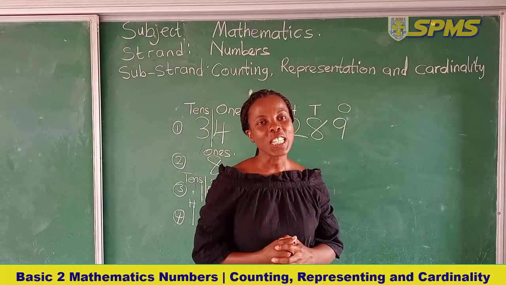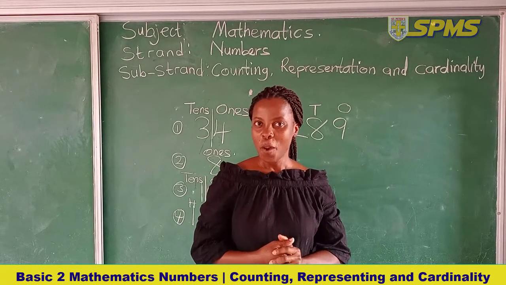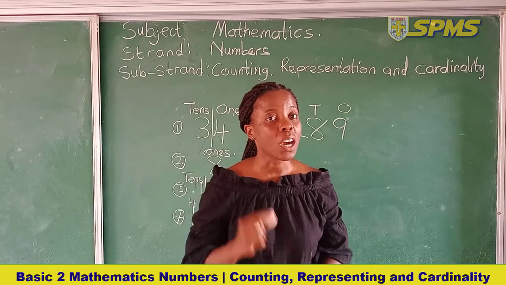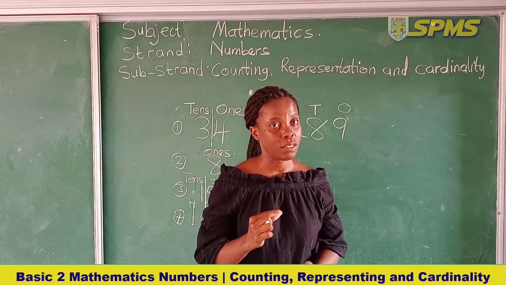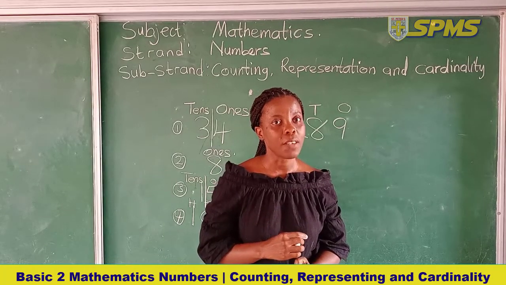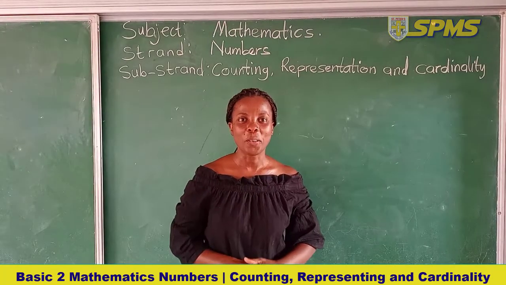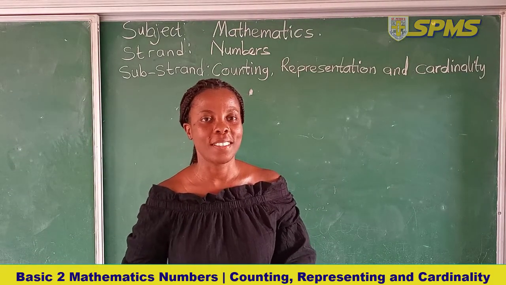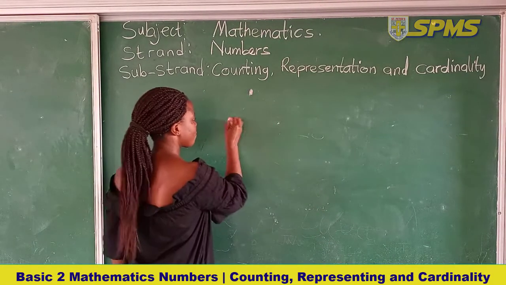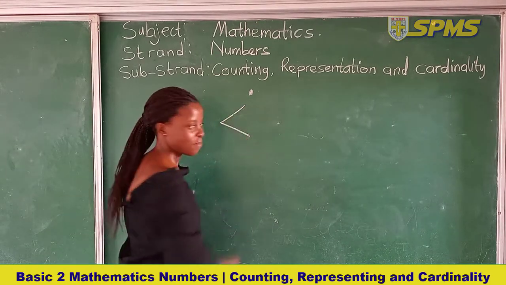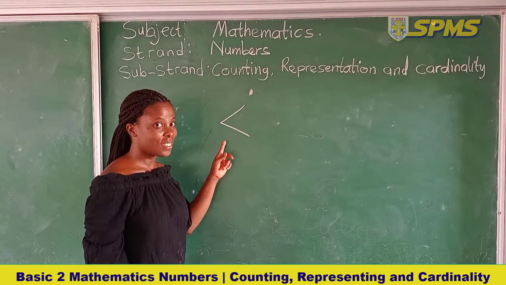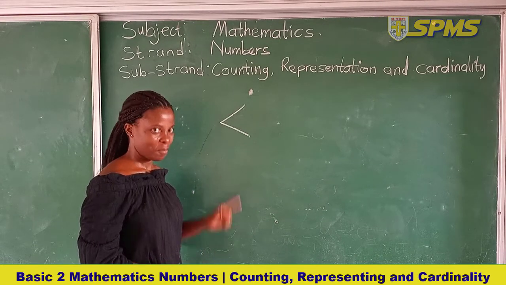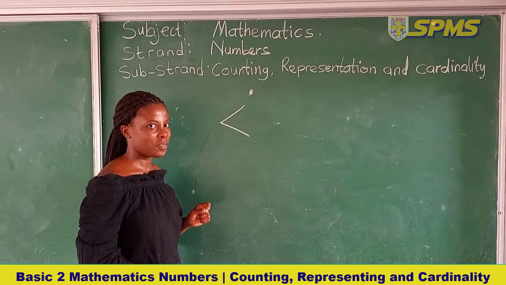Okay, now let's move to our second objective. We said we are going to compare numbers using the comparative language. Now, let us look at the comparative language or symbols. Do you remember the symbol? Cast your mind back to class 1. I'm sure you have seen it before.